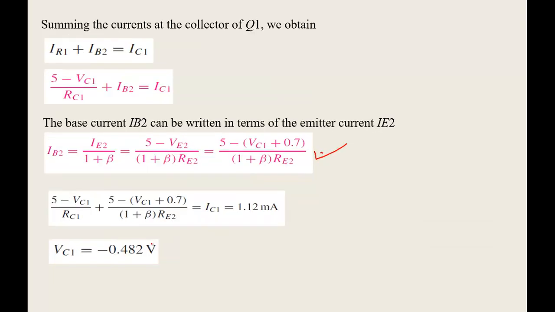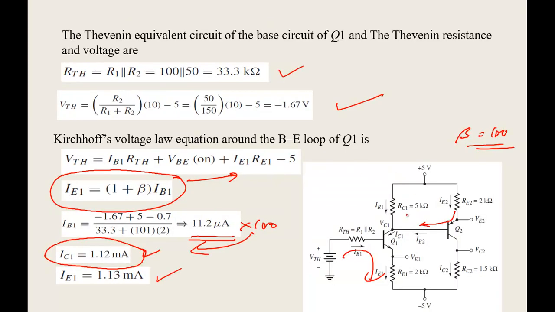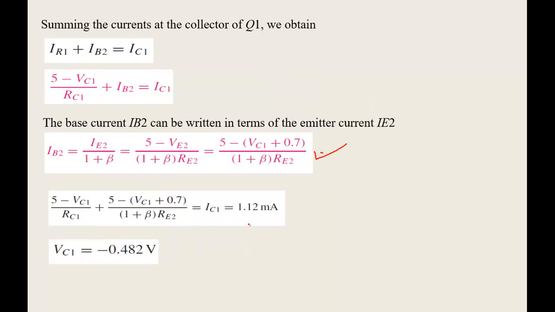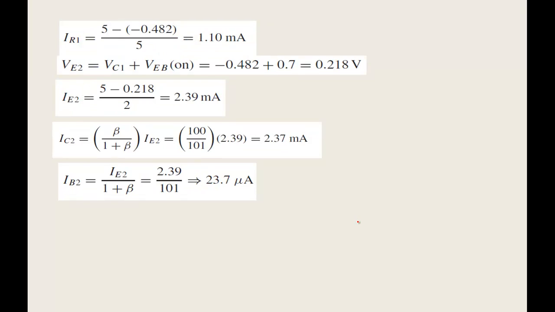With this we can find VC1, because the RC1 value is known, the RE2 value is known, and the beta value is also known. So we can easily find VC1. This is how to solve the DC analysis of your multi-stage amplifier. Okay.